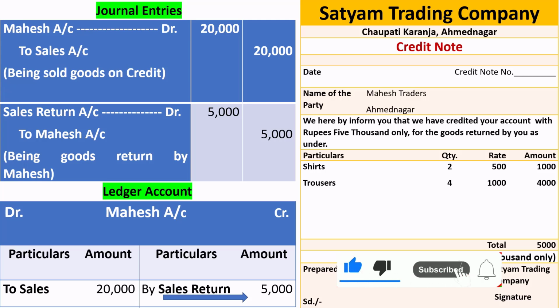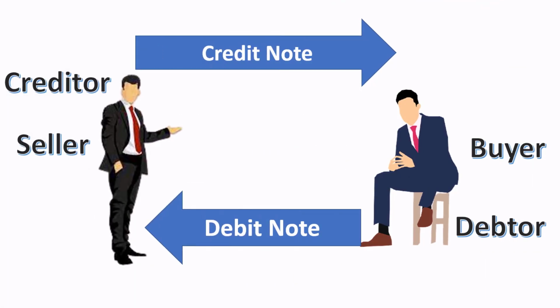Whenever a customer returns goods to us, that is in case of a sales return transaction, the seller issues a credit note to the customer. See, this is an example.